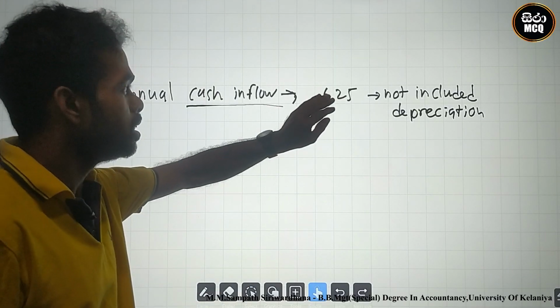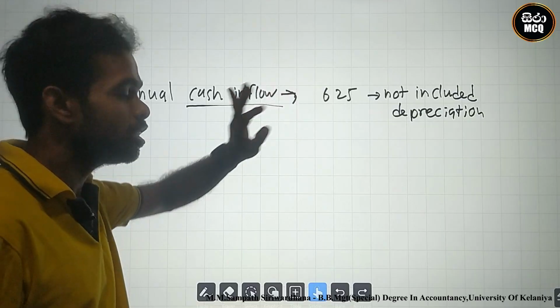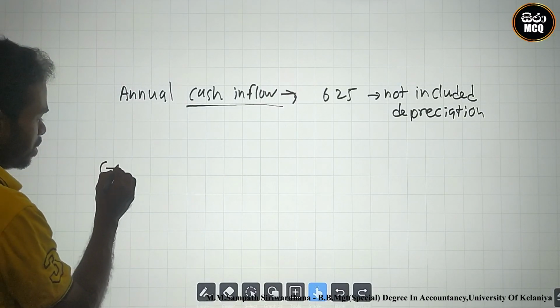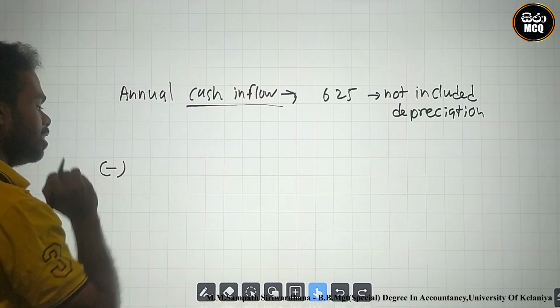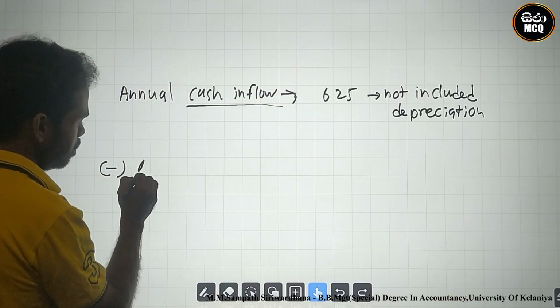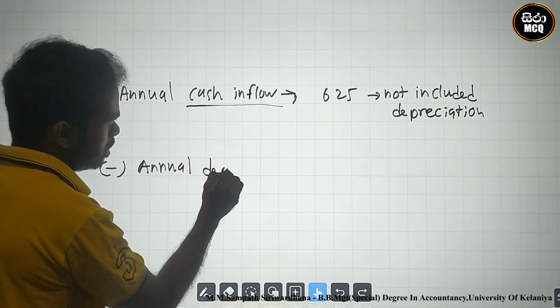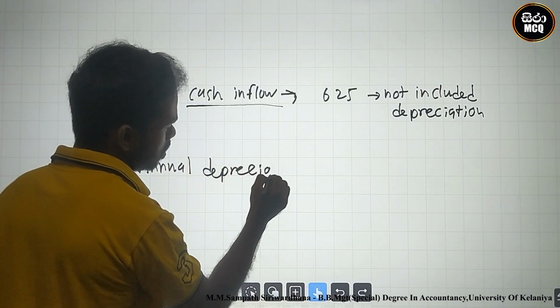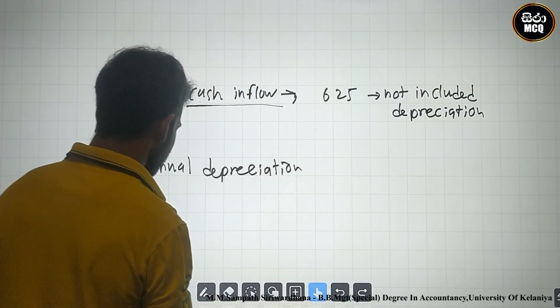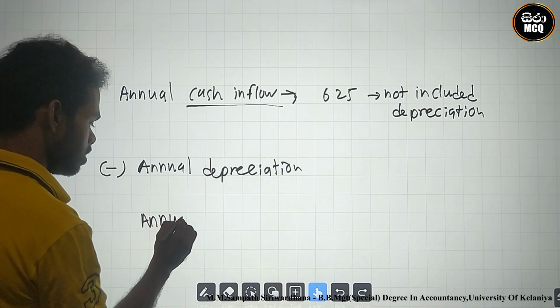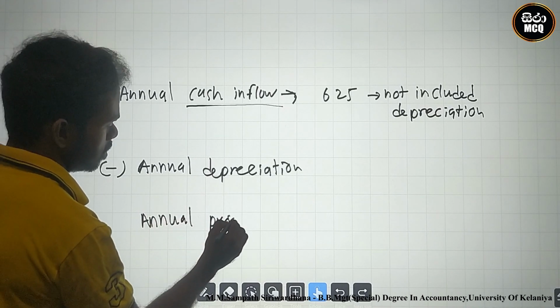Therefore, to calculate profit, we deduct the annual depreciation. After that we can calculate the annual profit.